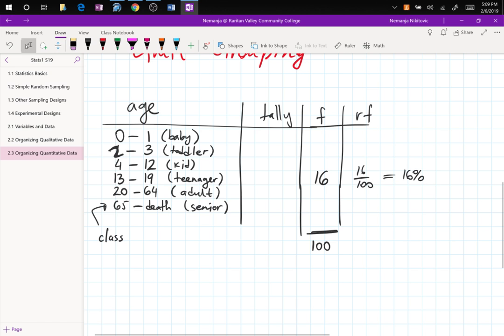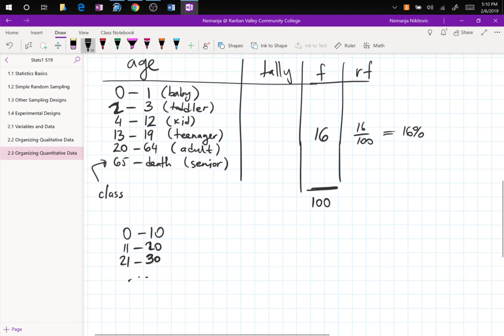Now, the class width is something that you use if your classes are evenly spaced. So classes could be evenly spaced, they don't have to be. In this case, we used common markers, the language markers. But we can also just go and say, okay, 0 to 10 on a pile, 11 to 20 on a pile, 21 to 30 on a pile, and so on.